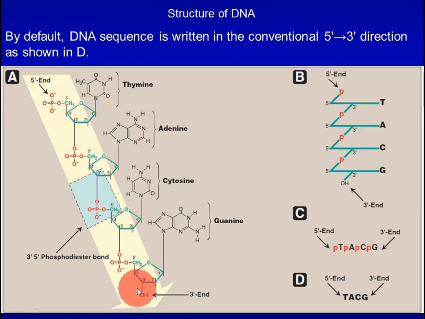The end with a free 3' hydroxyl group is called the 3' end. By default, DNA sequence is written in the conventional 5' to 3' direction. As a result, the sequence of this DNA should be T, A, C, G.